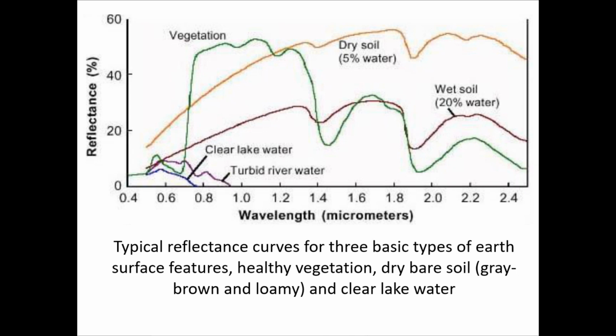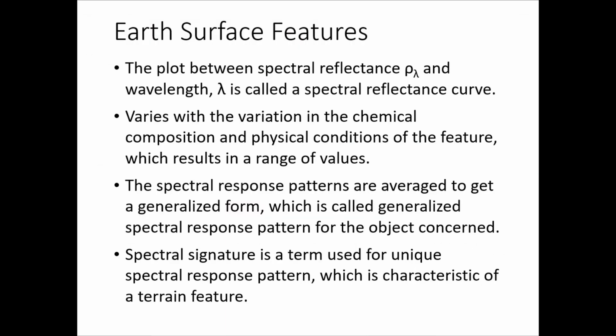Within this vegetation, we saw different spectral reflectance curves for a particular feature but different conditions or different species, right? These different curves represent the reflectance versus the wavelength. That is a spectral reflectance curve.